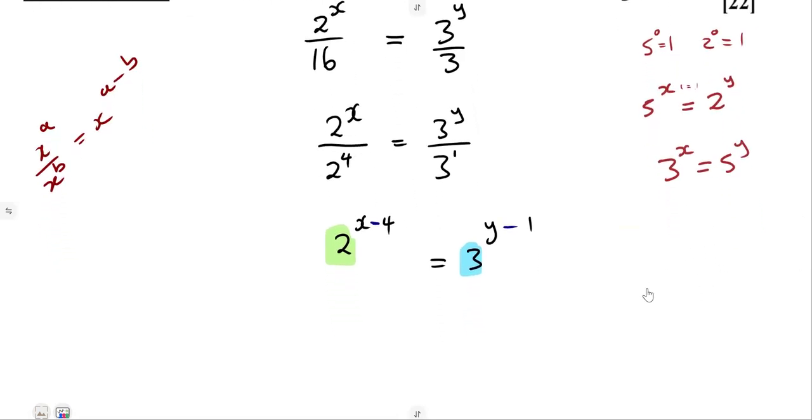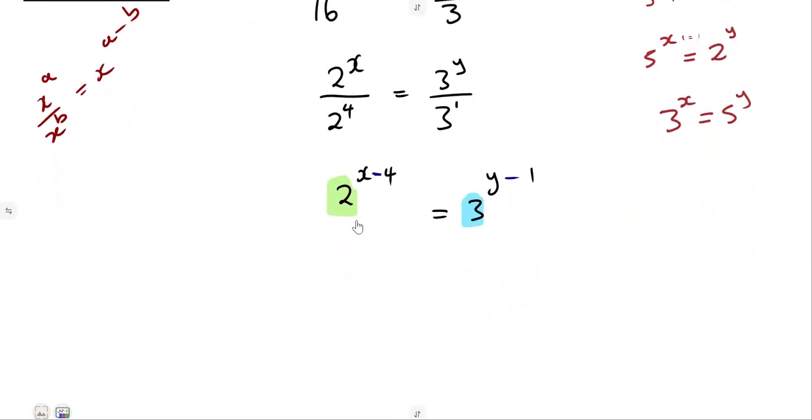So this is the condition of our question. As these two bases are different, the only thing that we can have to get the same answers here is that the power must be equal to 0. 2 to the power of 0 is equal to 3 to the power of 0, which is 1 is equal to 1. That is the only way, because of these numbers that are different.